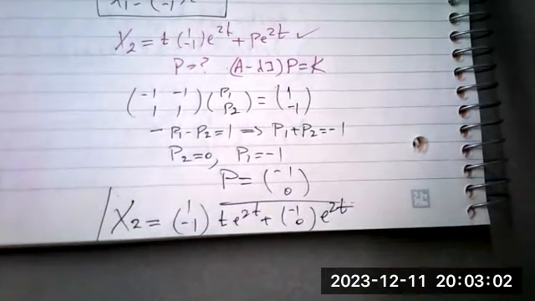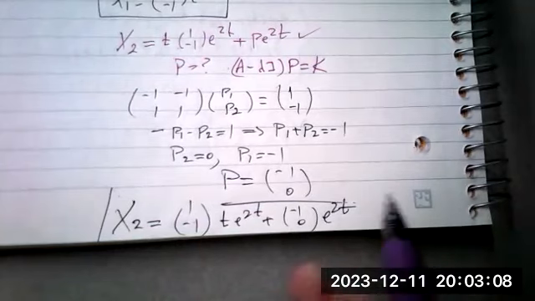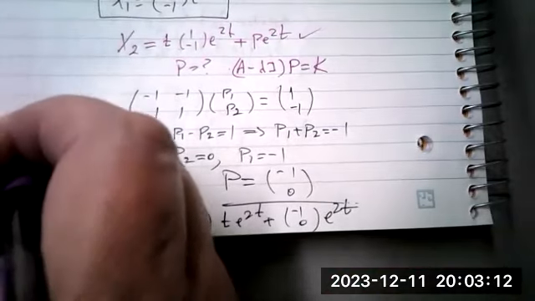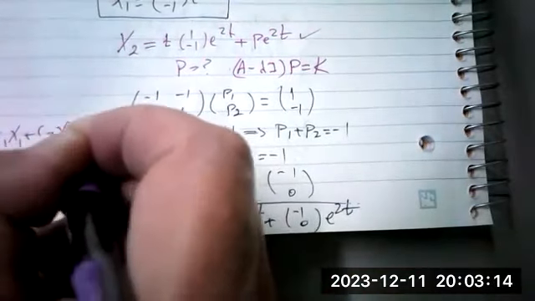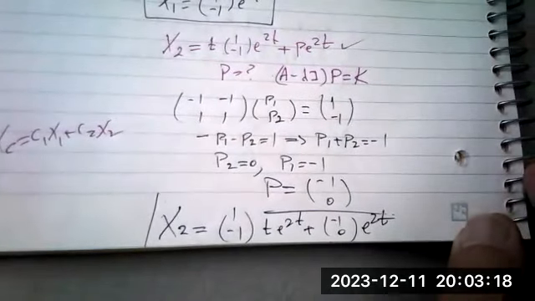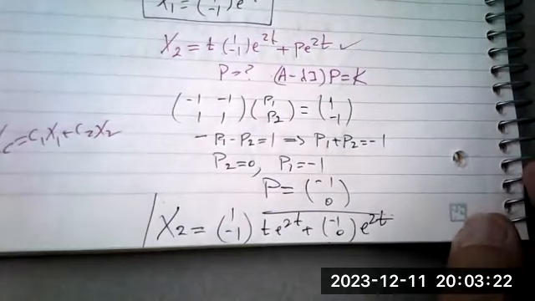This is the solutions again. For this method, you don't need them. So your X complementary is C1 X1 plus C2 X2 so far. But since you want to use the method of undetermined coefficients, you go ahead straight on.